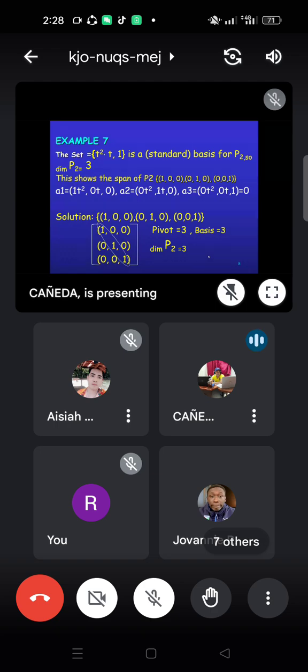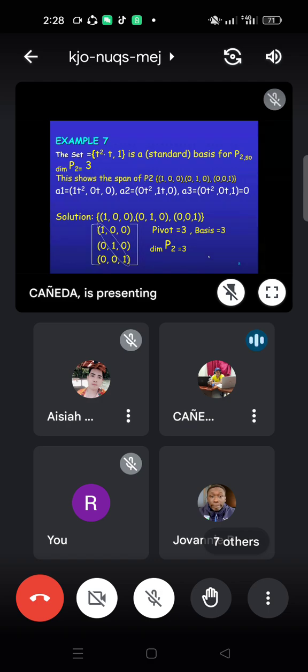Okay, from T2, if we have a1, forming it into a matrix, t squared has a coefficient of 1, 0, and 0. Since t squared is second degree, followed by first degree, there is no given first degree, so 0. The constant is also 0.